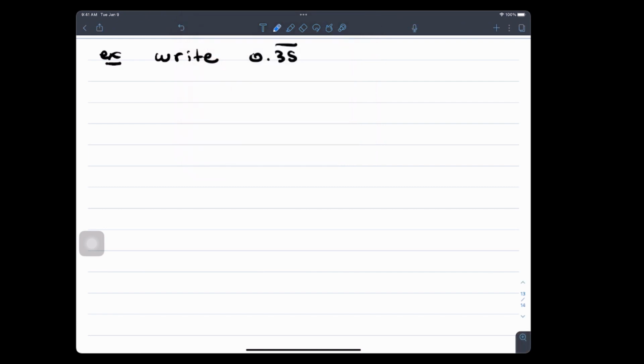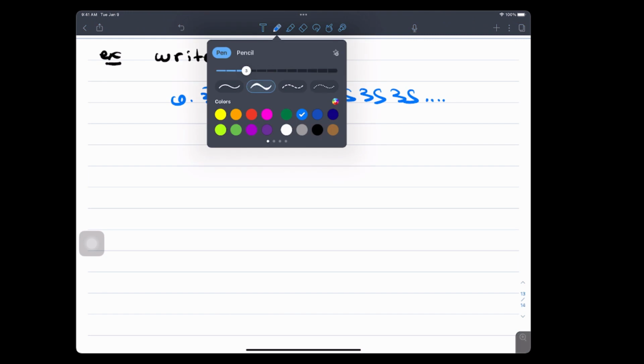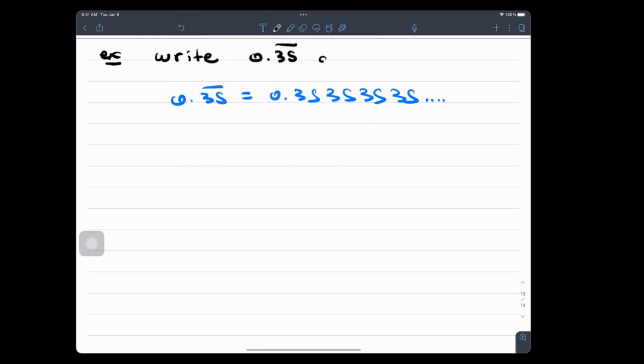So what is this? 0.35 is going to be what? Isn't that the meaning with that line that's on top? You guys know what I'm saying? You say, write this thing as a fraction.